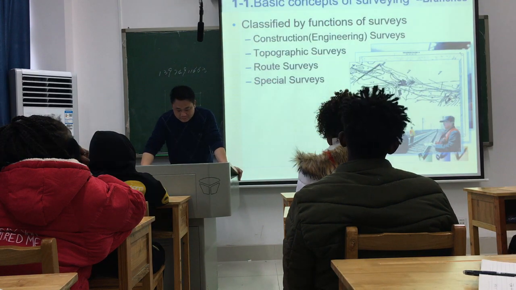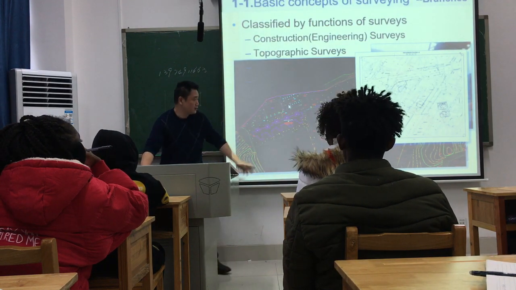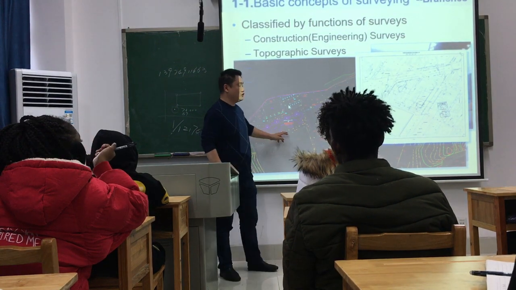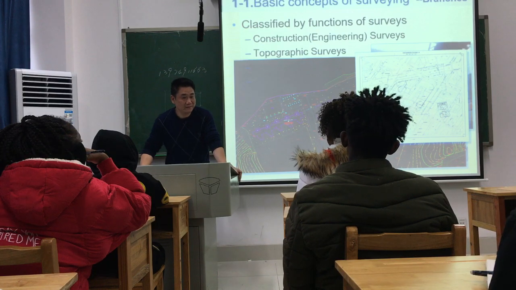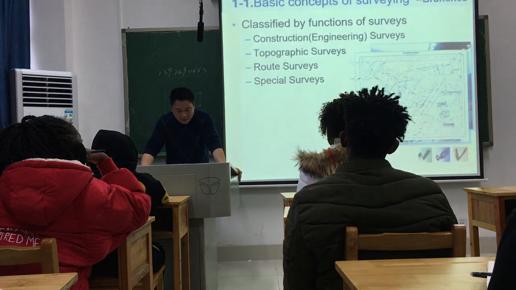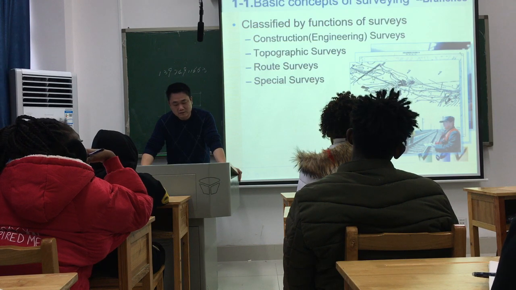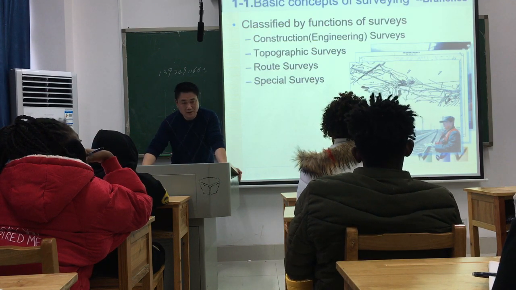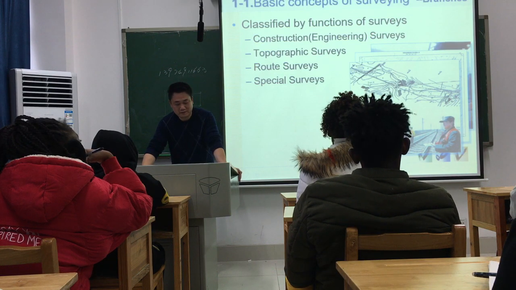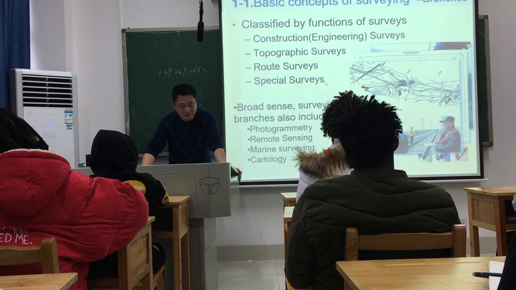And we say this map is a topographic map in digital form. Yeah, okay, drawn by CAD. And for route survey, we survey some area to build a road or a railway. Then in that situation, we do route surveys, and sometimes we do some special survey.